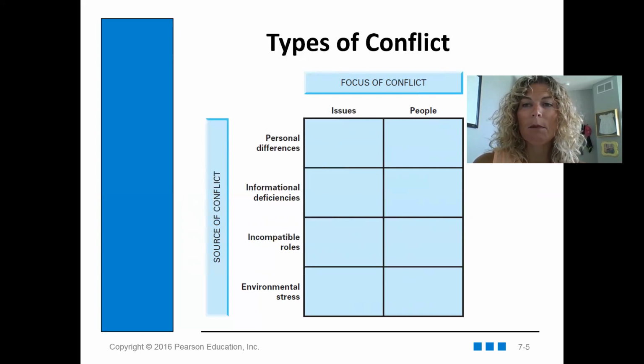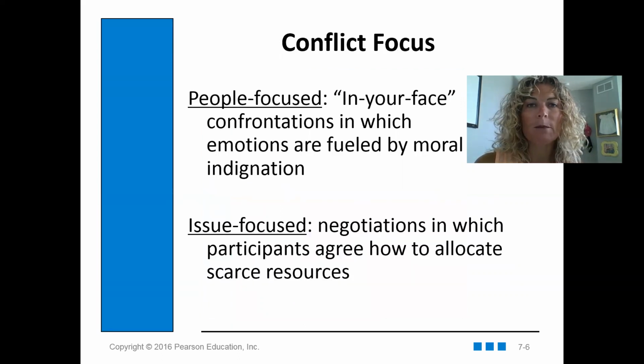When it starts being people-focused, that's when we start getting more defensive. We feel like we're being attacked. And so the conflicts usually don't turn out as healthy as if they were issue-focused. So we'll go through each of the sources of conflict individually and pretty briefly here.